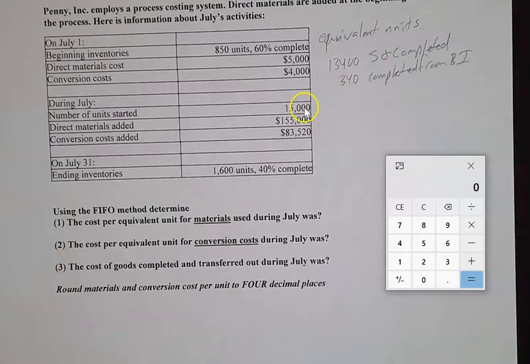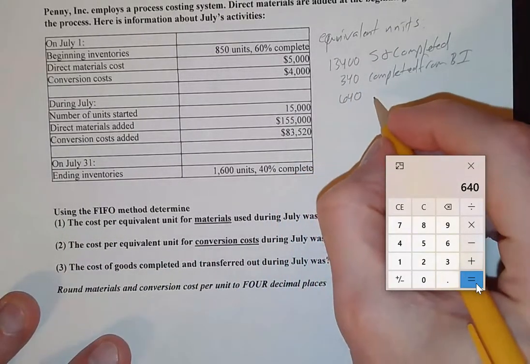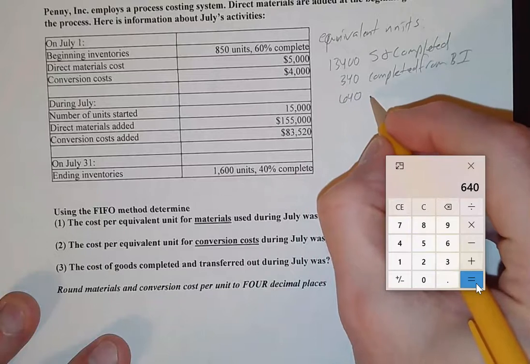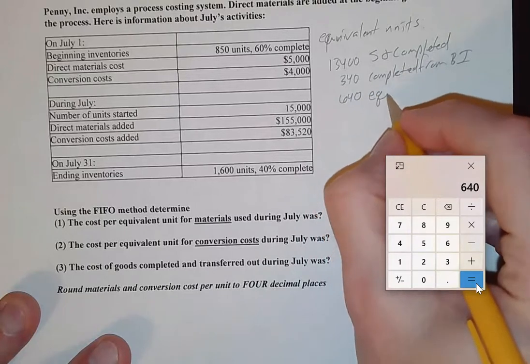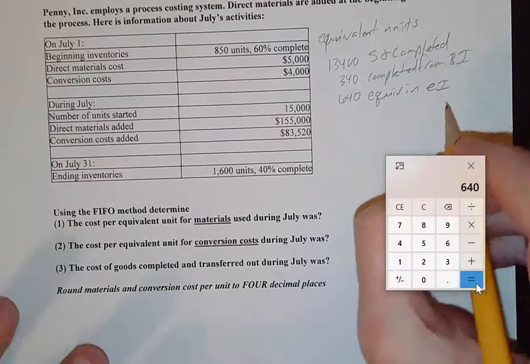We subtracted them out of 15,000 to get this 13,400 that were started and completed. But they're 40% done. And again, if you've watched the other video, you've already seen this calculation: 640. Equivalent units in ending inventory.